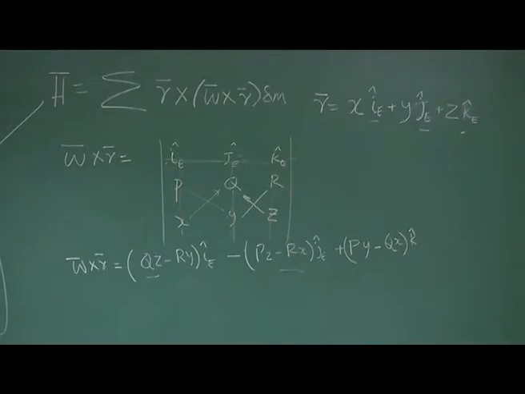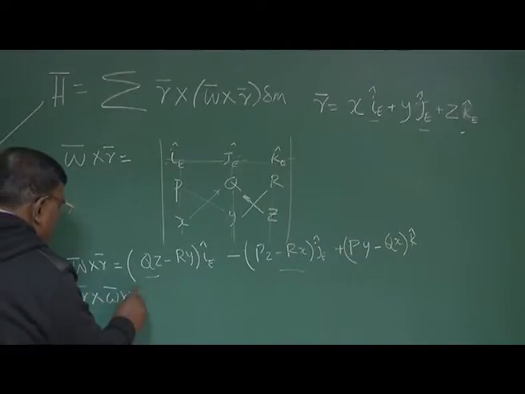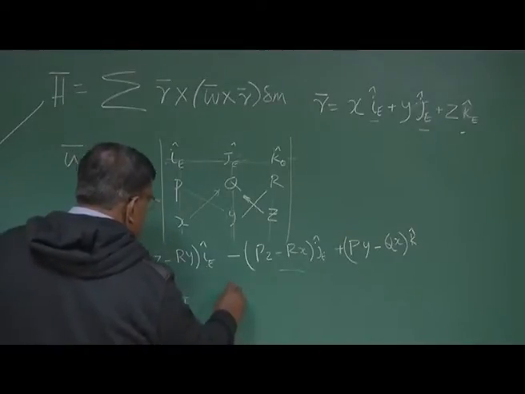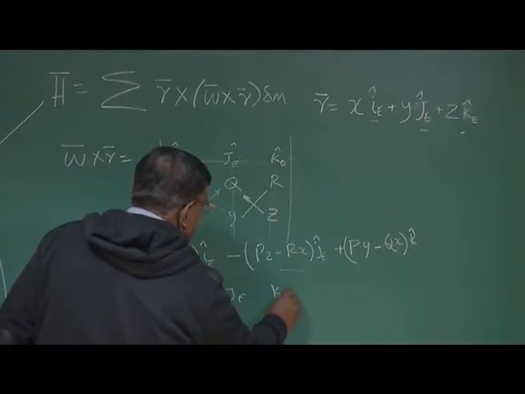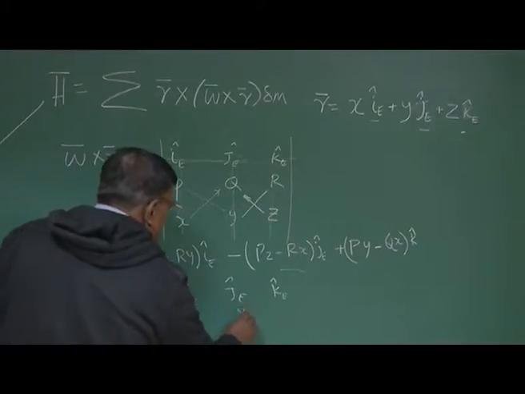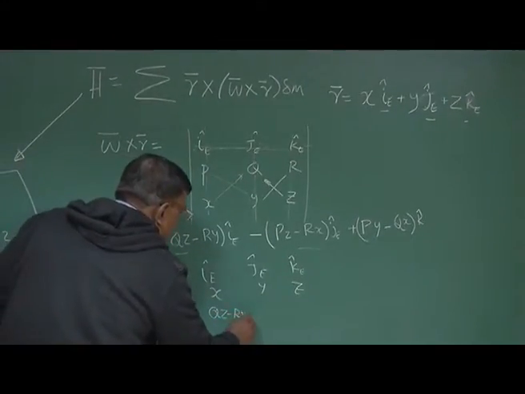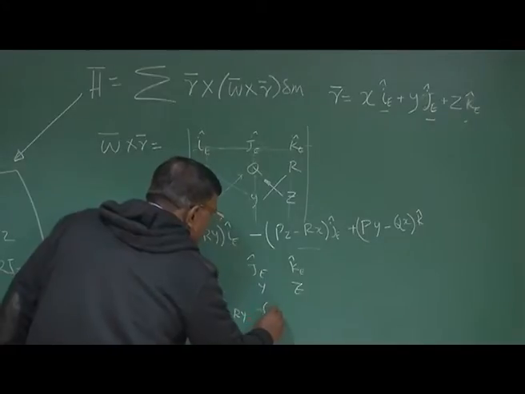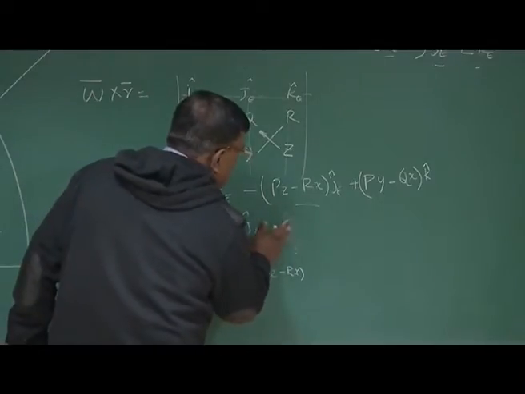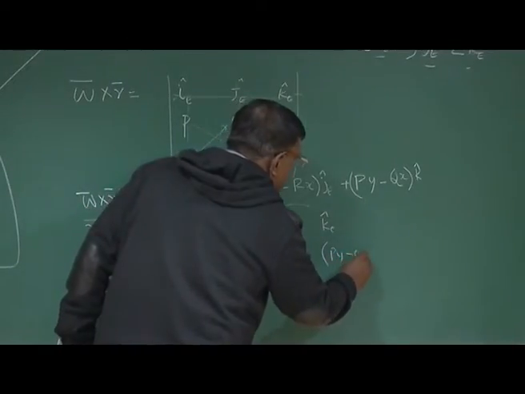What are you supposed to find? r cross omega cross r. This will again be very simple. Again you write IE, JE, KE unit vectors, and then r, so x, y, z, and for omega cross r we write Qz minus Ry, then minus (Pz minus Rx), and then, let me write this a little separately, the KE component, Py minus Qx.